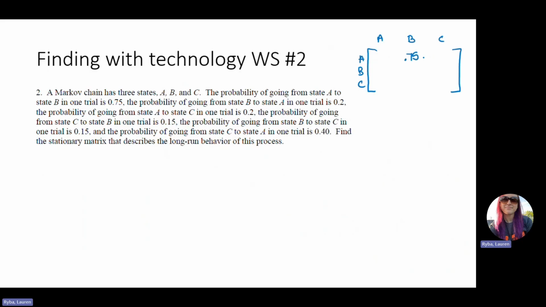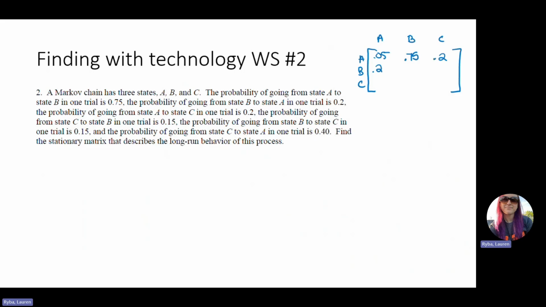The probability of going from B to A in one trial is 0.2. B to A is 0.2, so that one's in the second row. The probability of going from A to C is 0.2. Back to the top row, A to C, 0.2. So I've accounted for 0.95, leaving 0.05 for A to A.